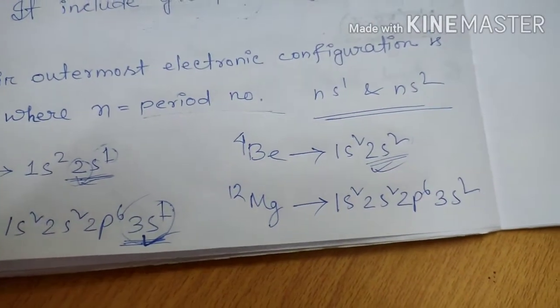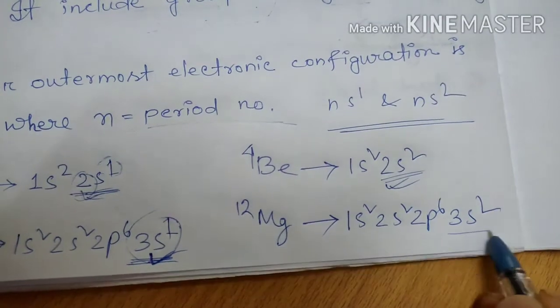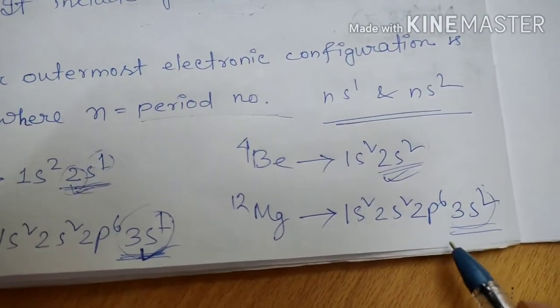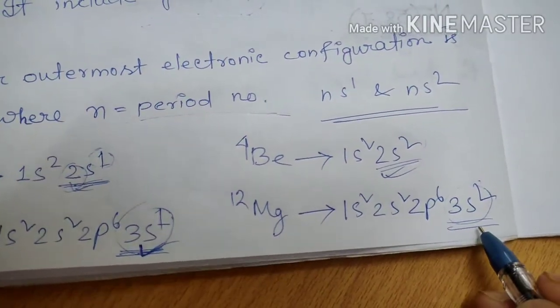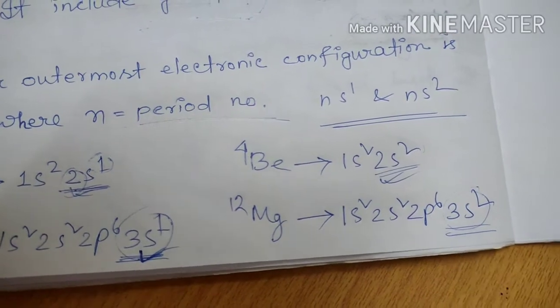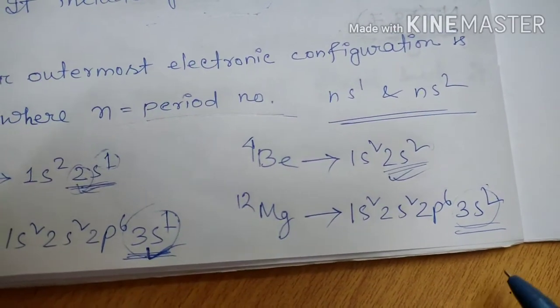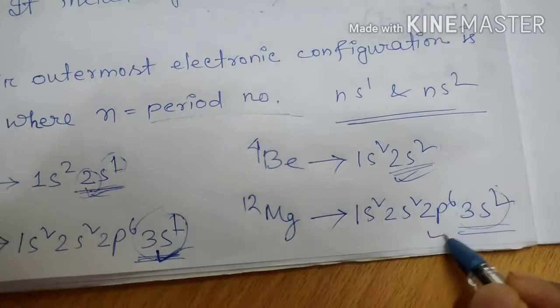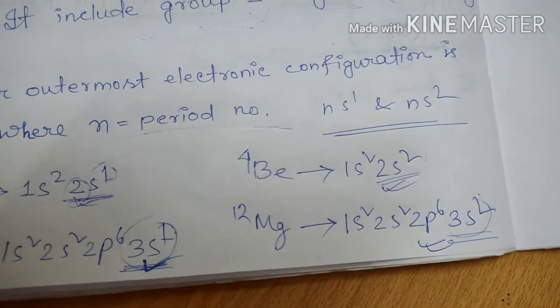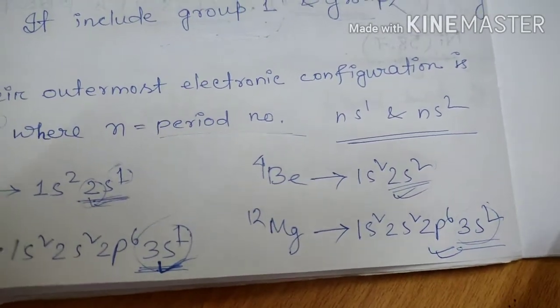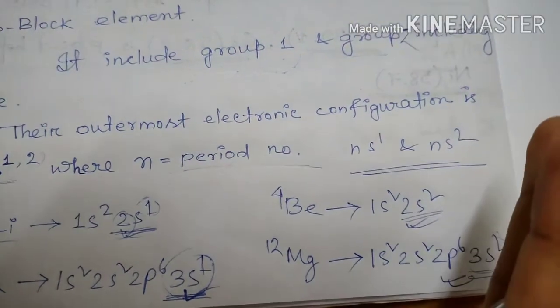Here also the outermost electron, this one, enters the s orbital. So that's why magnesium is also an s block element. Okay, the s block element is clear.